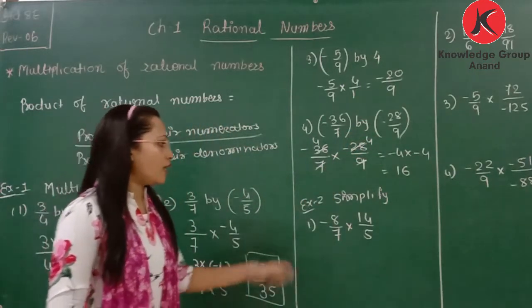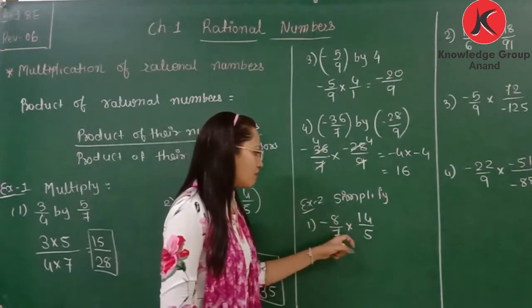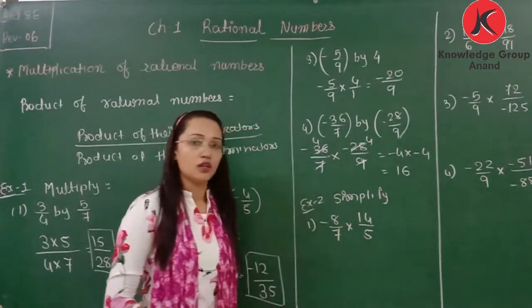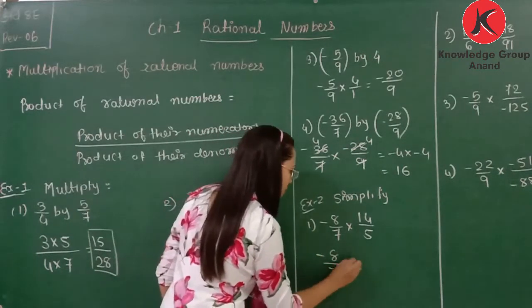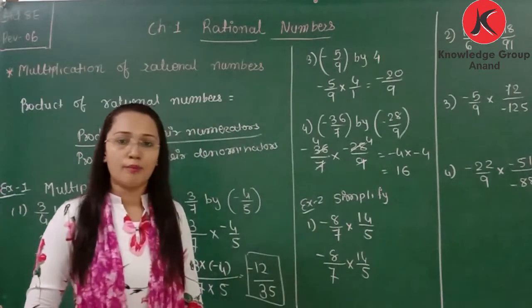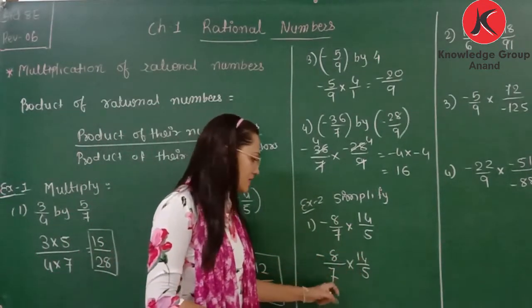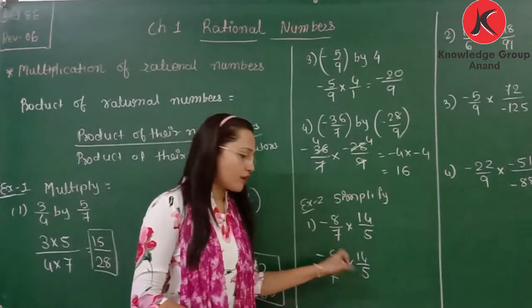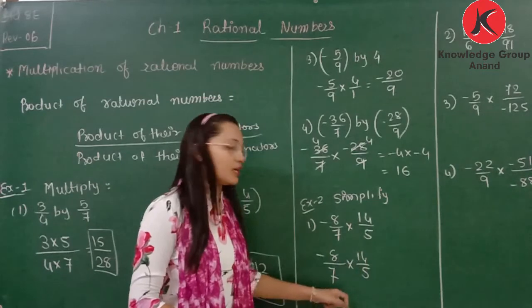Clear? Now let's take the second example. Simplify minus 8 by 7 multiply 14 by 5. Here you can solve this example in two ways. You can multiply minus 8 with 14 and 7 with 5, then divide whatever answer you get from 8 multiply 14 by 35.